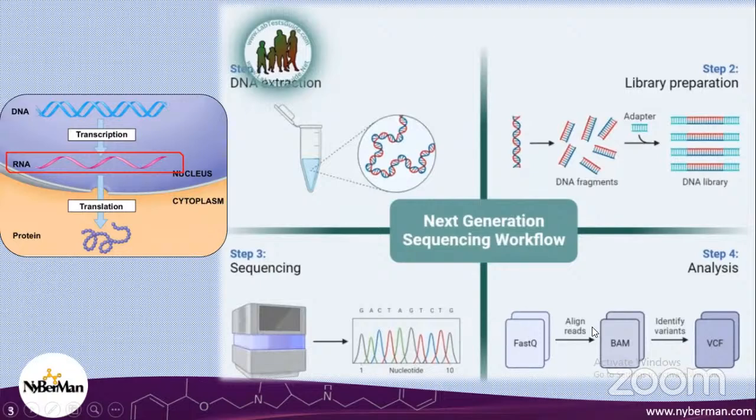Then there are different types of file formats that we need to deal with when doing gene expression analysis, some of which are FASTQ, BAM, and VCF files. These are just general examples, but we have these types of files which have different information in different formats. We will check this further, but this is how the process actually works.